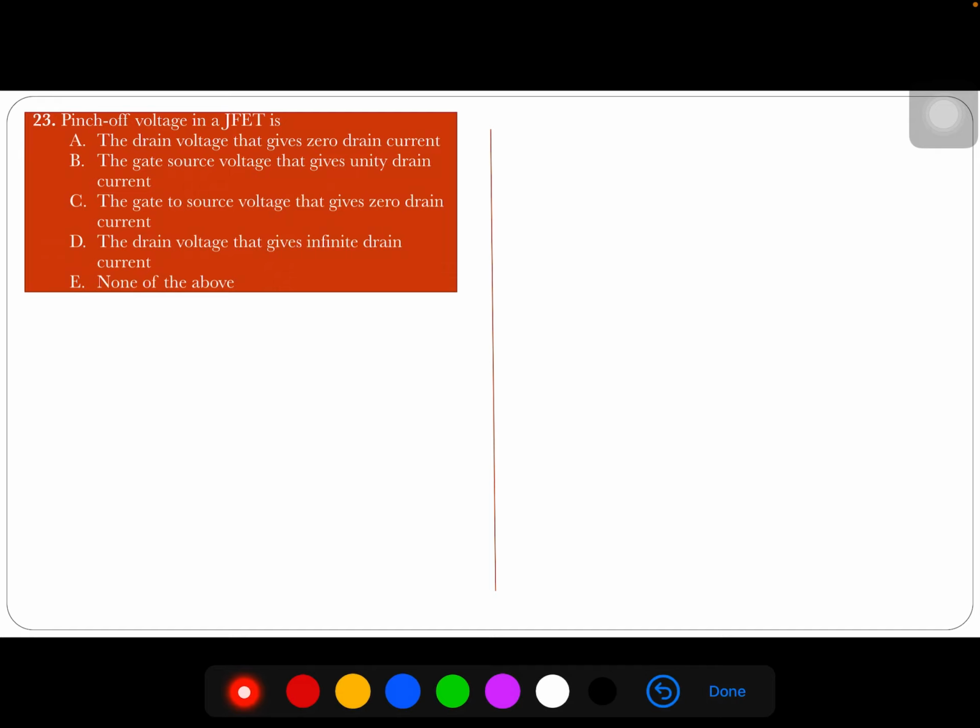The gate source voltage, basically. First of all, as I told you in my video lectures also, it has been clearly given that pinch off voltage is the voltage at which drain current becomes constant, and cutoff voltage is the voltage at which drain current becomes zero. Always remember that. Let me show you the difference between the two.